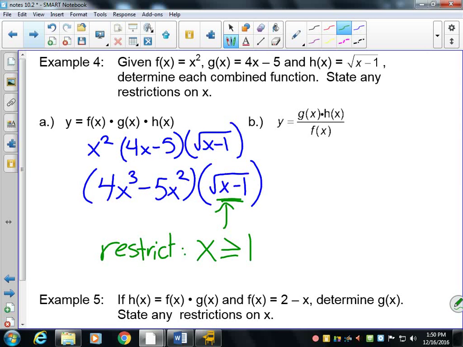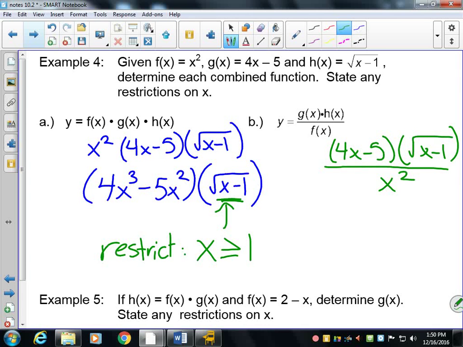Now if we're going to write g of x times h of x, that's just what? X squared, no, that's not g, that's f. G is 4x minus 5 times h of x, which is root x minus 1, all divided by x squared.